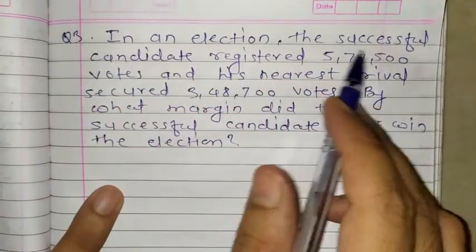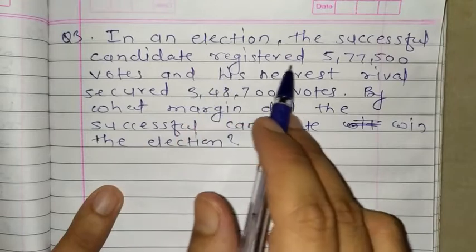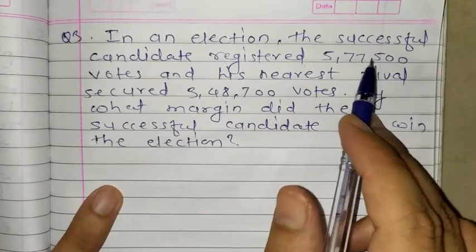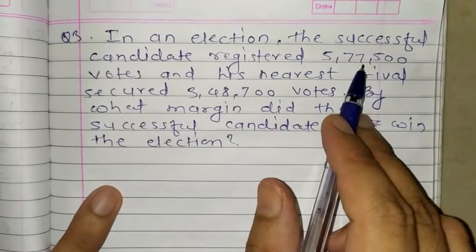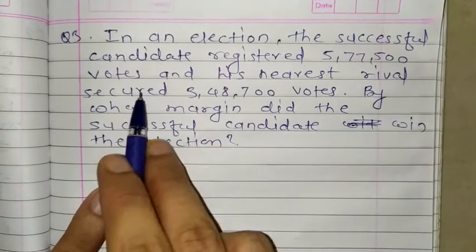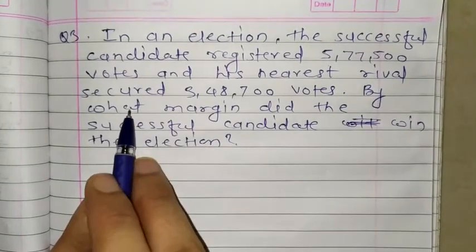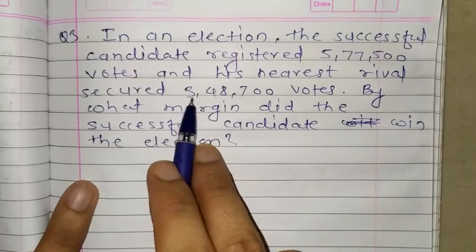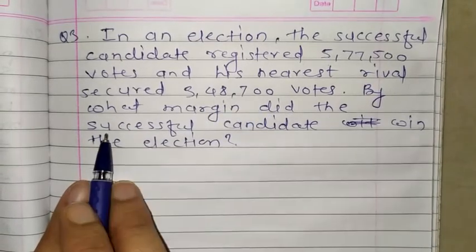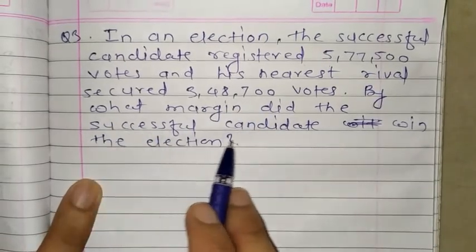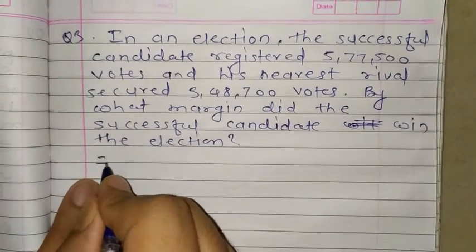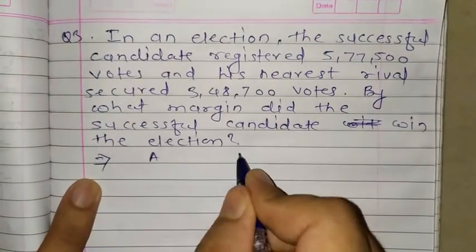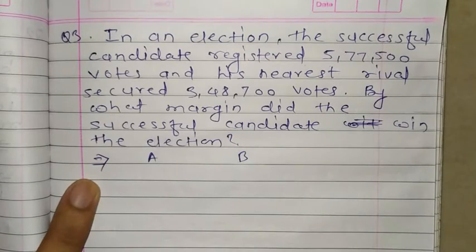In the election, the successful candidate registered 5,77,500 votes, and the nearest rival secured 3,48,700 votes. By what margin did the successful candidate win the election? Suppose A and B, two candidates are there.